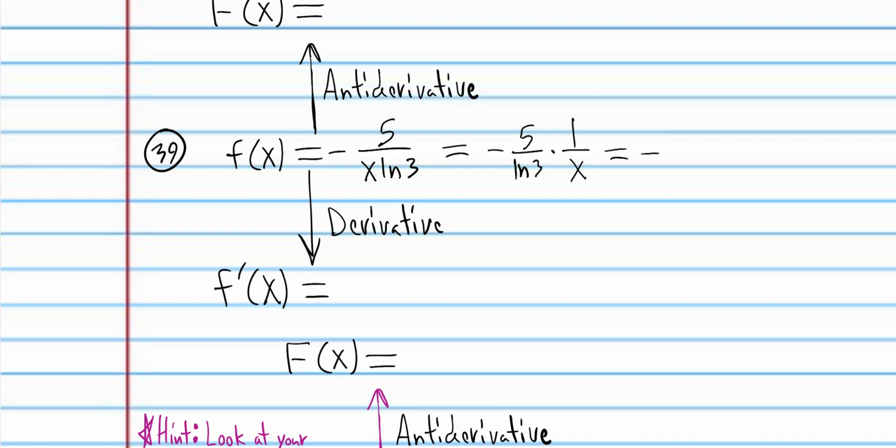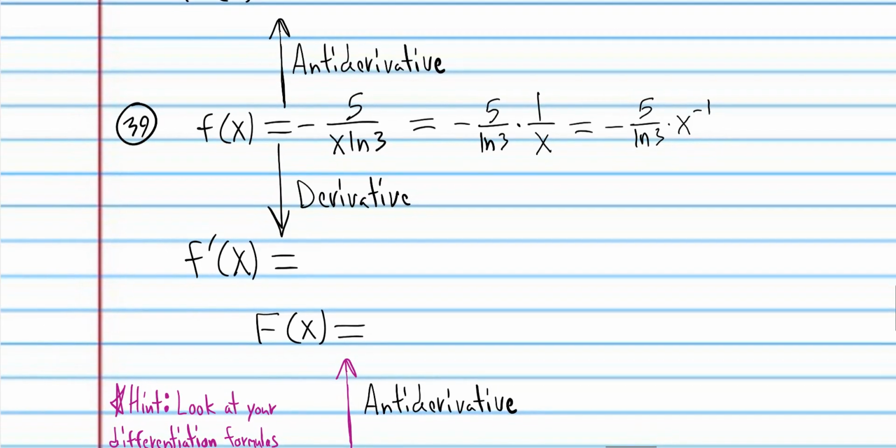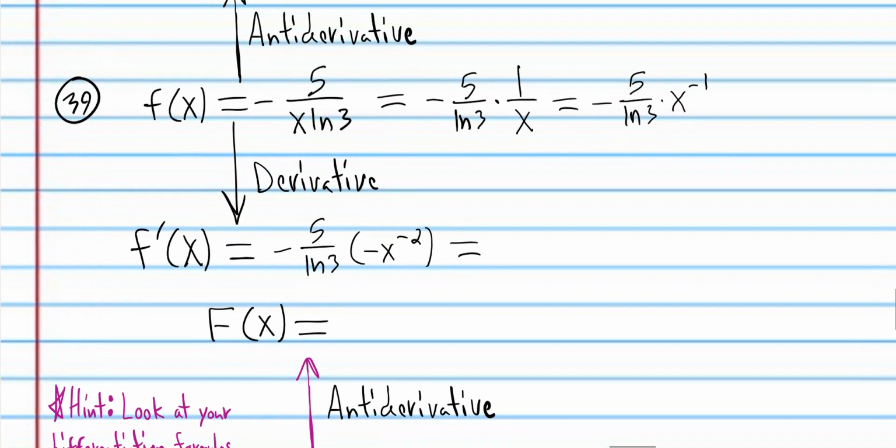And we need to change that to x to the negative 1 power. And now let's take the derivative. So using the constant multiple rule, we have negative x to the negative 2 power. And that will be 5 over natural log 3. And use exponent rule number 8, of course.